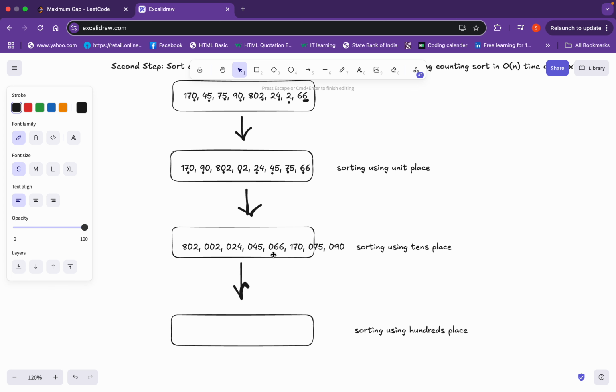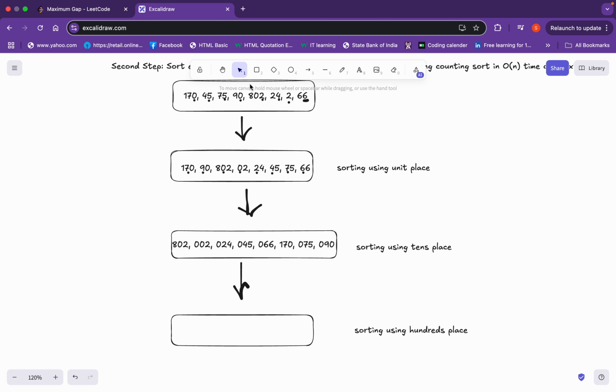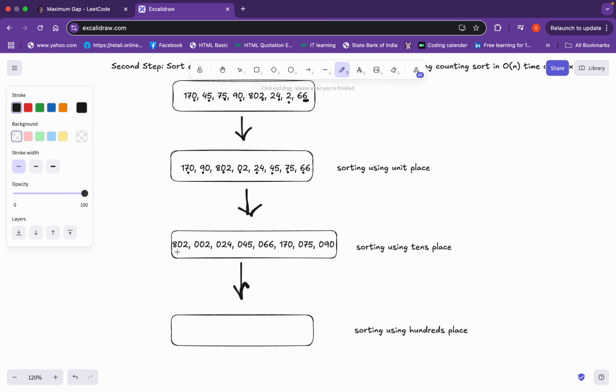Actually we don't need to add this 0 in our algorithm. I'm just adding it to make you understand easily without any confusion. Also, we are preserving the previous order while sorting.